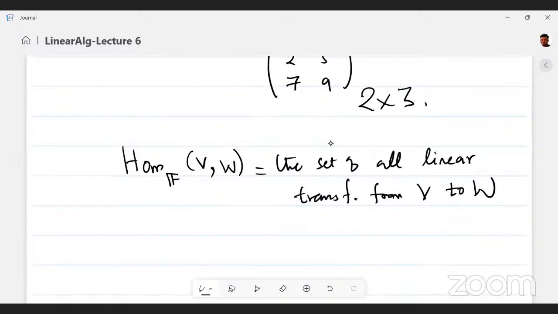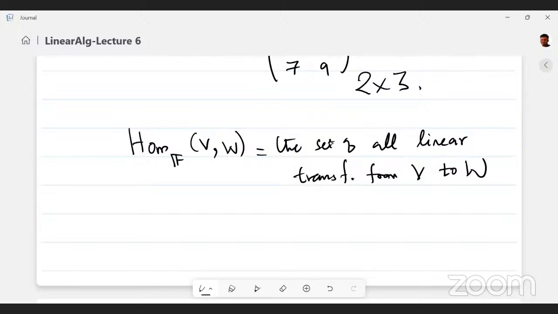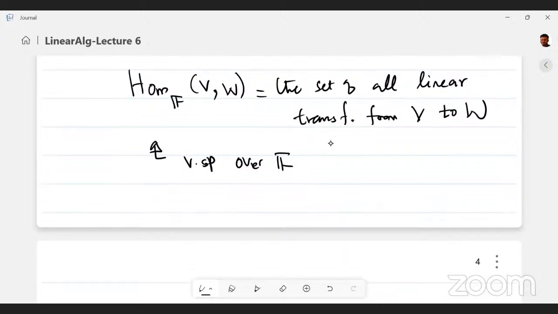Okay, so you know that this is actually a vector space over F. So how is this addition defined? Suppose I take two operators T and S from Hom(V, W).